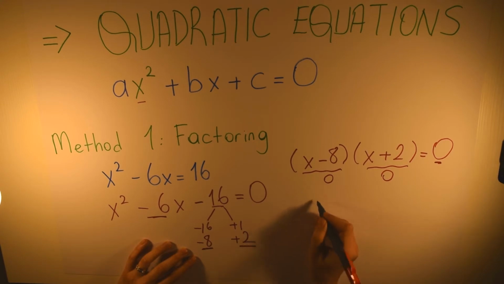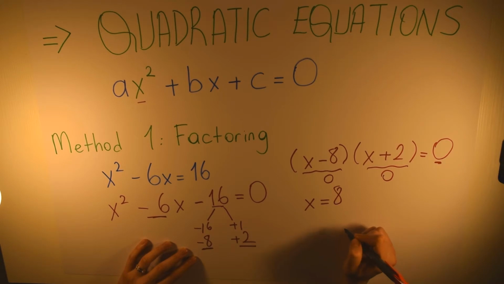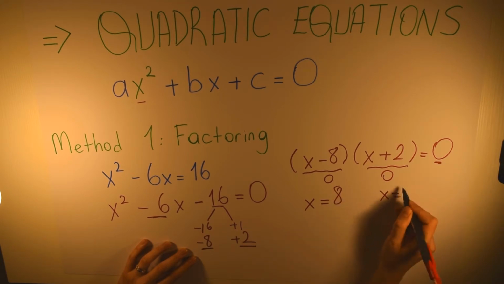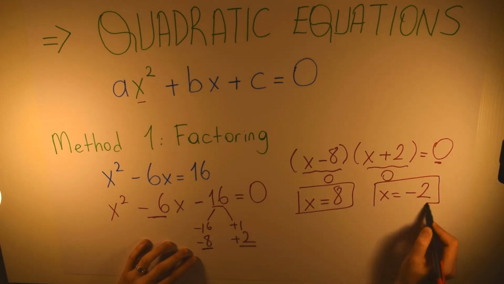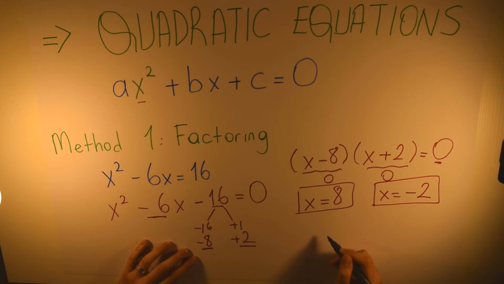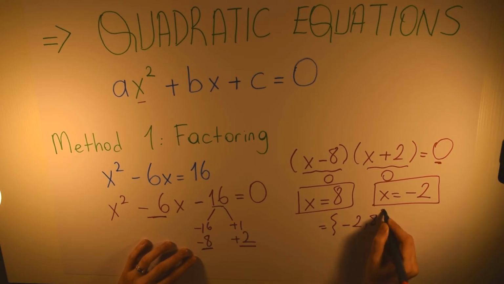Which means x can be equal to 8, or x can be equal to minus 2. So as you can see, we got 2 values of x, which means our solution set is minus 2 and 8. These are our solutions.